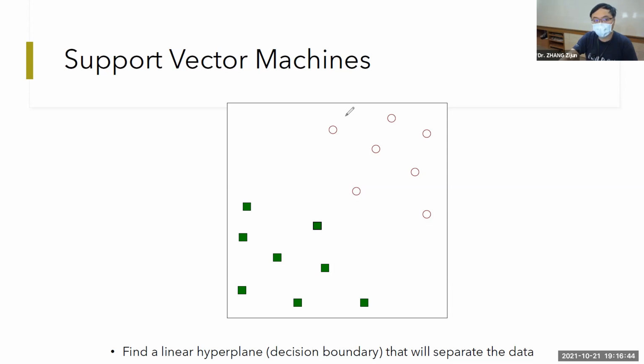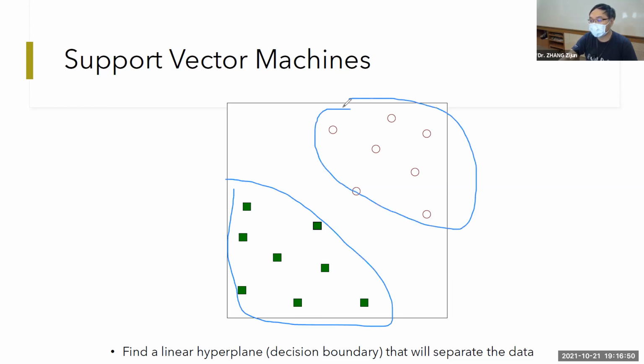One is a green square, another is a circle. What we want to do is find a decision boundary to separate data into two parts based on learning the data relationship. This decision boundary is called a hyperplane in support vector machine.